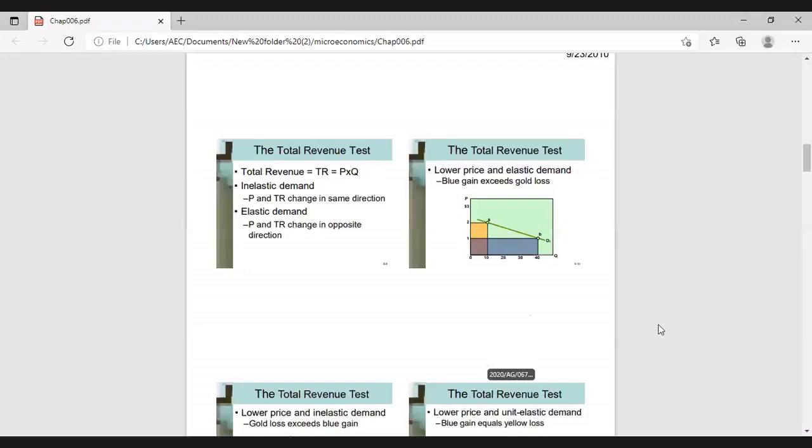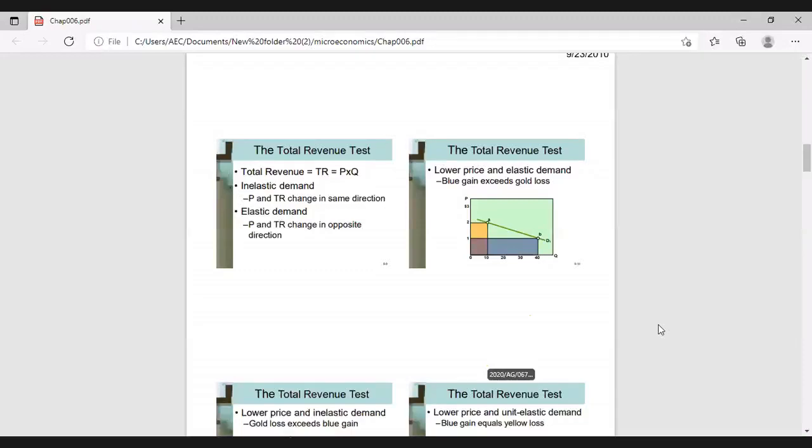You can see the loss and gain when the price increases. The rectangular area is common; it's not changing. But the blue and yellow areas: blue is the area lost when the price increases, and yellow is the gain. The loss area is greater than the gain area.